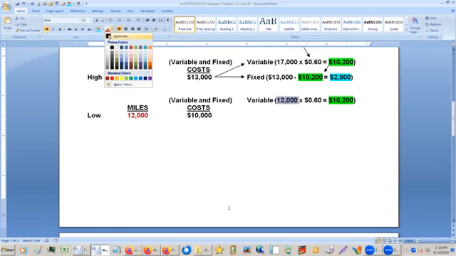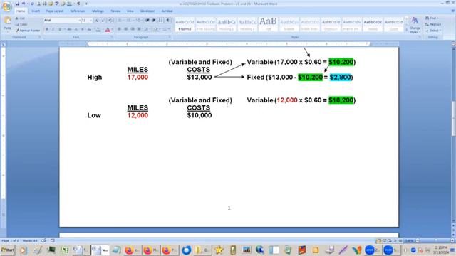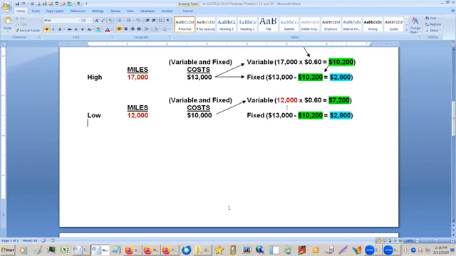And we should get the same fixed number because it's fixed. So 10,000 minus 7,200, and we should get exactly the same fixed cost because it's fixed.